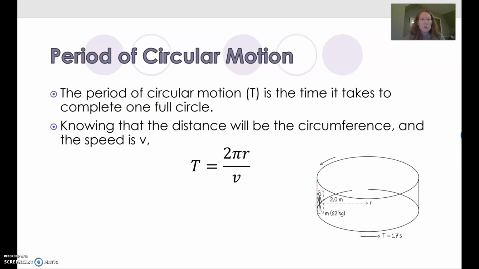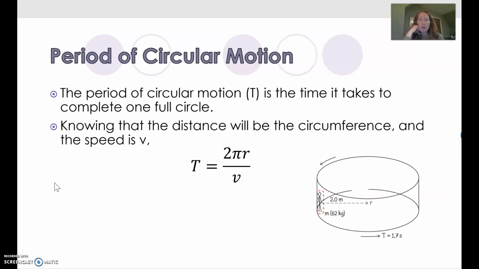All right, so then when we talk about a period, that's another measurement we can take of objects that move in a circle. Obviously, this is repeated motion. And so the idea of a period is how long does it take in time to complete one cycle, or one circle in this case.